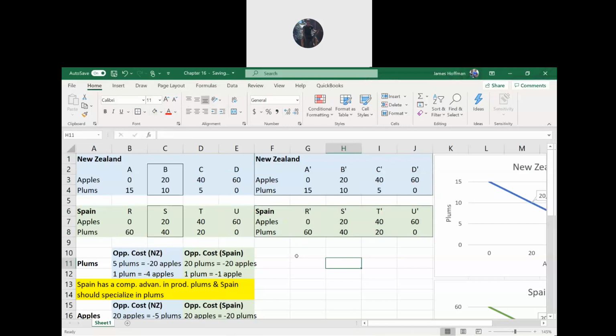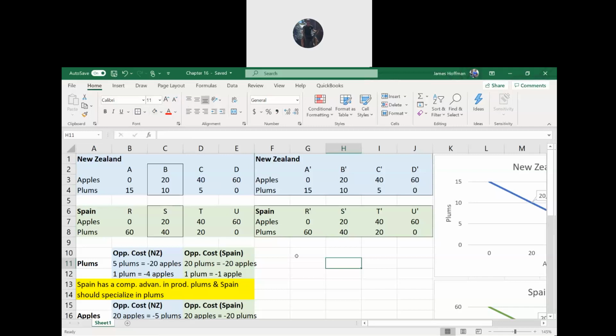Okay, so what you're trying to show in the production possibilities curve with trade is all the points they could possibly get given the trade they agreed upon. So what you want to do is start with the initial. When a country specializes in one good, they can't get any more of that because they're the only country producing it.